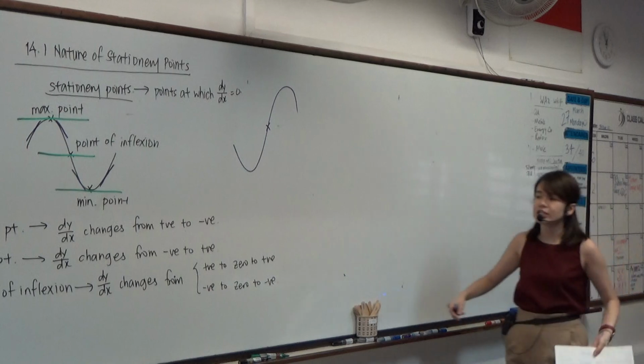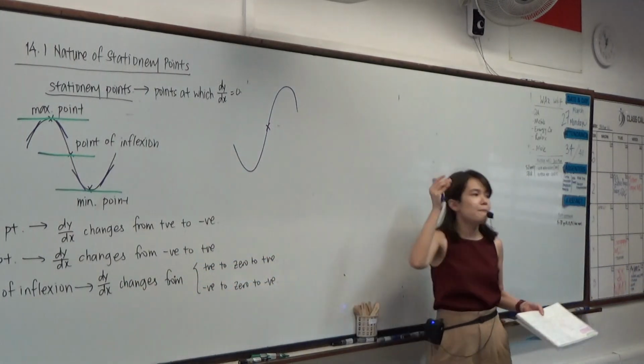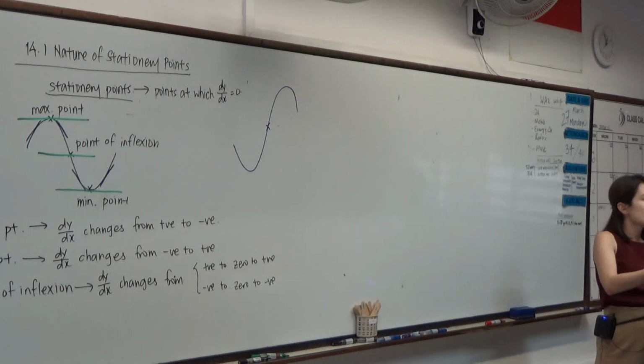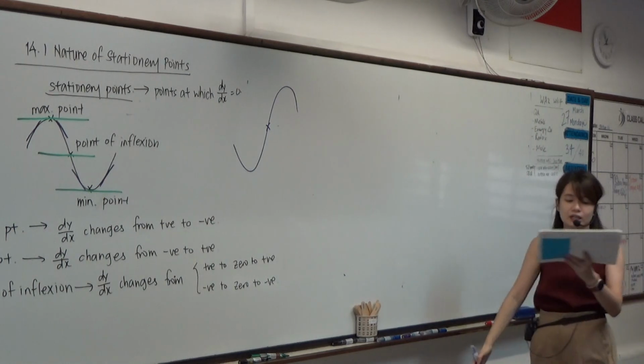A point of inflection is called that because the gradient, before and after, doesn't change in sign, meaning the positiveness or the negativeness, if there's ever such an English word.